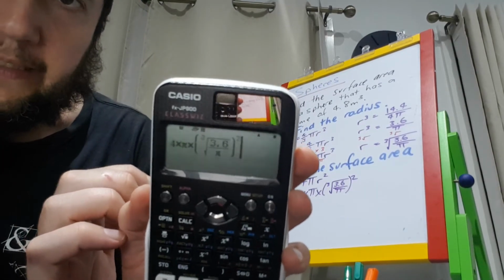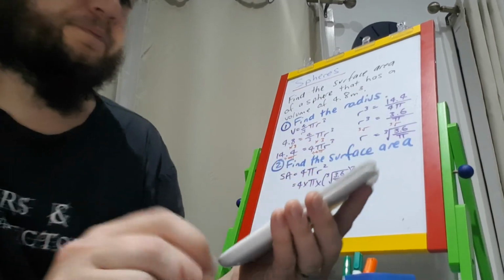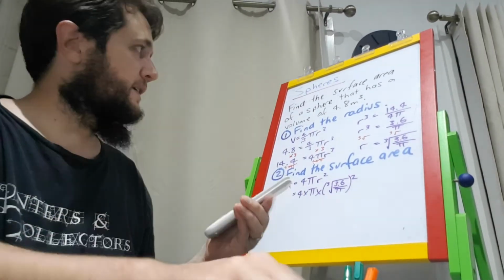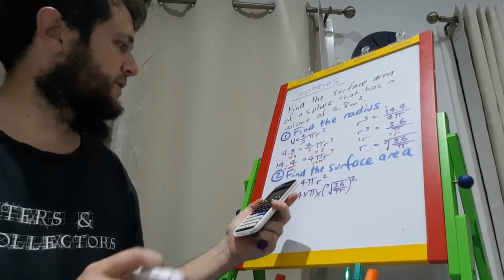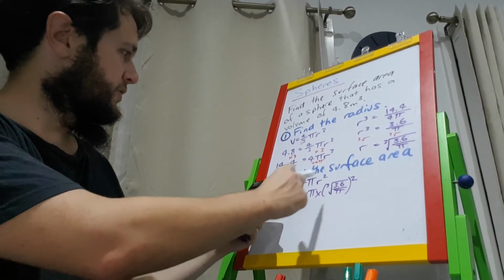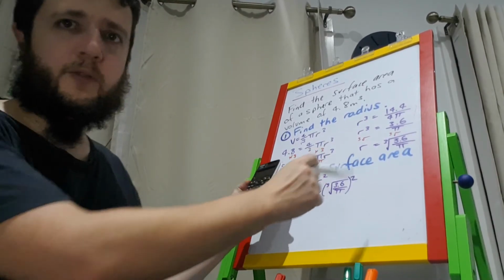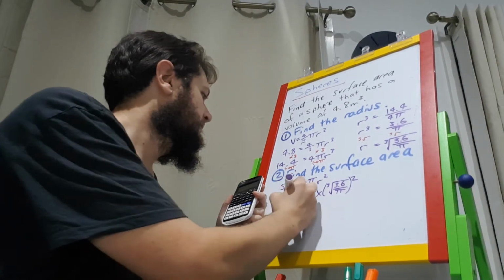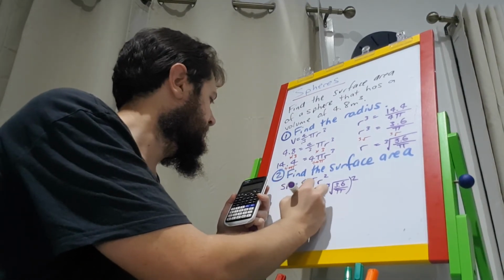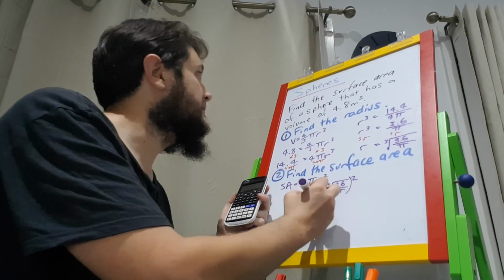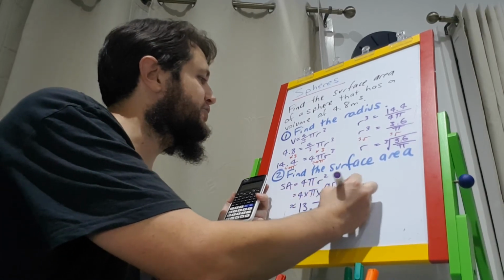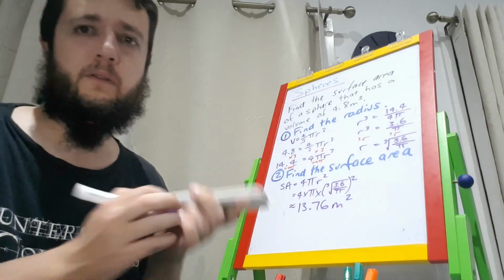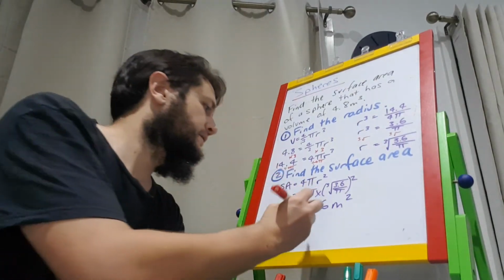Looks great in a calculator, equals, and it's giving me a surface area then. So I'm just going to check: 4 times pi times cube root of 3.6 over pi squared. Yeah, it looks all good. Is approximately, because we are going to be rounding now, 13.76. Our units are meters squared. Area is two-dimensional, therefore the units are squared.